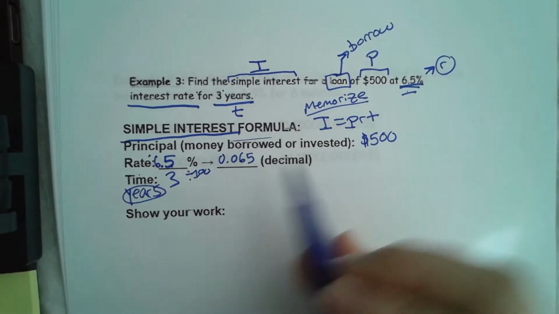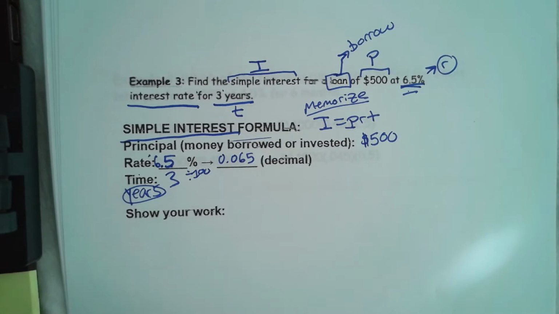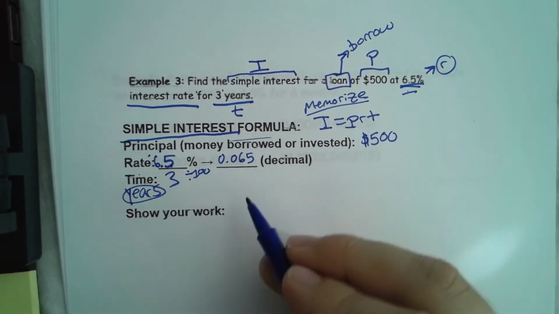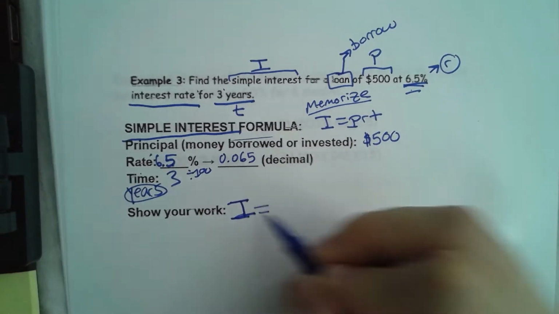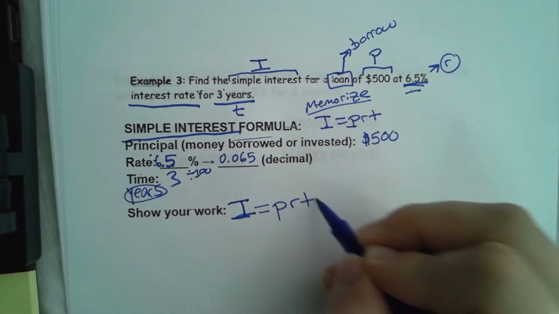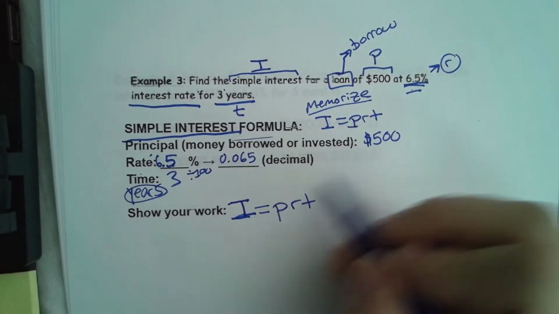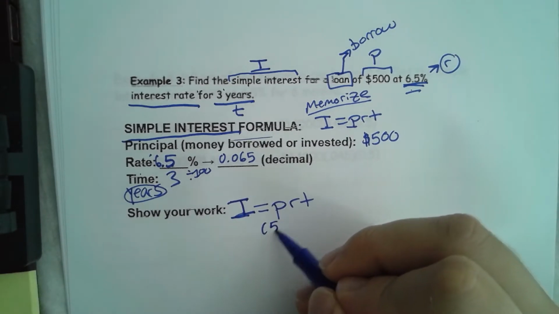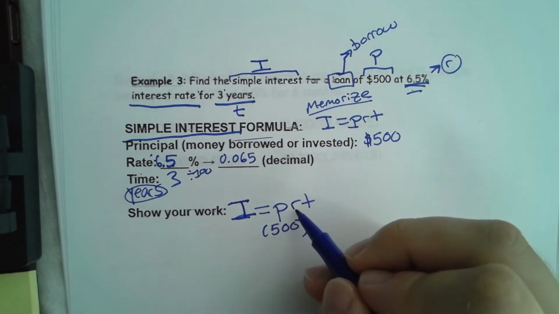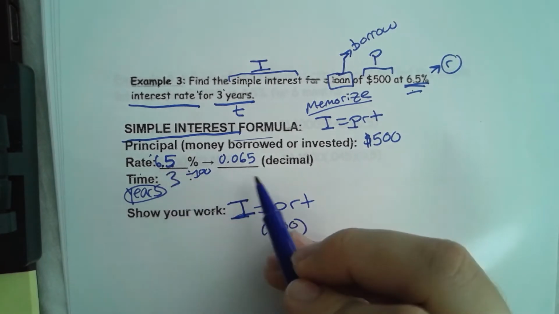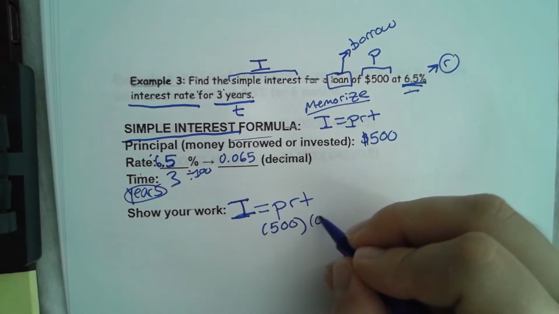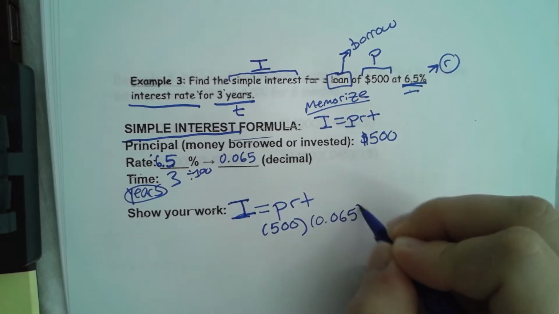Now I can calculate the simple interest, or how much extra money I have to pay. So I equals PRT. P, I borrow $500. R, I don't write 6.5%. I need the decimal, 0.065.